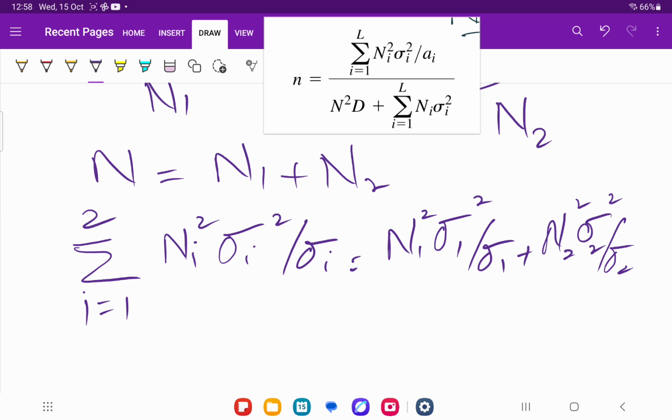So if you have split your population in three parts, so three strata are there, then you will have another term with n3 square sigma 3 square divided by a3. If you have 4 strata, then plus again n4 square sigma 4 square divided by a4. Okay, so in that way you will keep expanding this term according to how many strata we have, according to the number of strata.